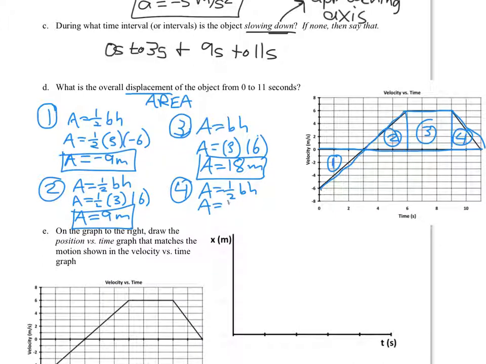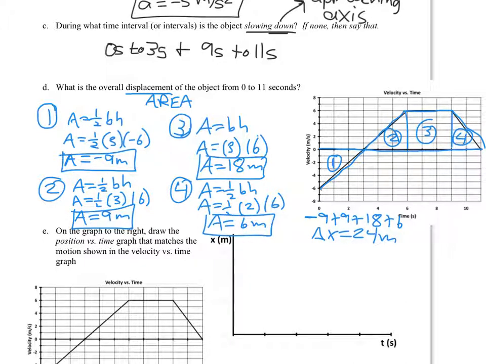So the base for that triangle is going to be 2, height is 6, and so that gives us an area of 6 meters. To get the total displacement, I'm just going to add all of these up. Negative 9 plus 9 plus 18 plus 6, and I end up getting a displacement here of 24 meters.